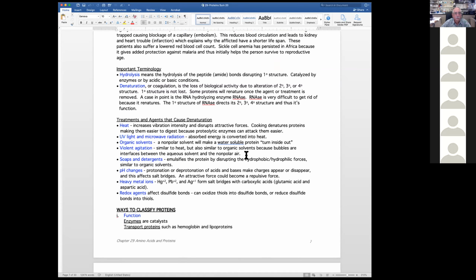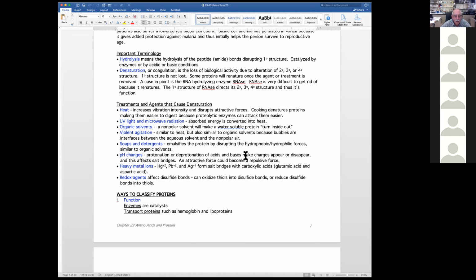So here's some terminology. Hydrolysis means hydrolysis of the amide bond that disrupts the primary structure. That's catalyzed by enzymes or by acidic or basic conditions.